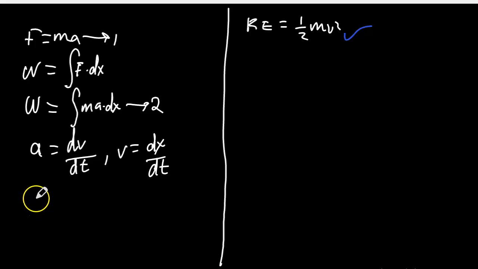By the chain rule, acceleration is given by dv/dx multiplied by dx/dt.